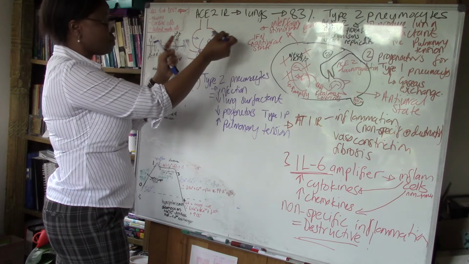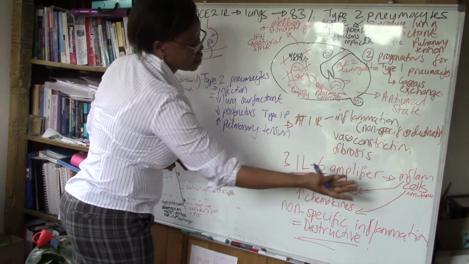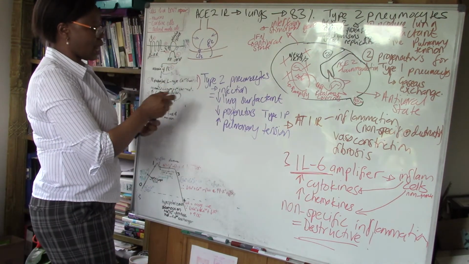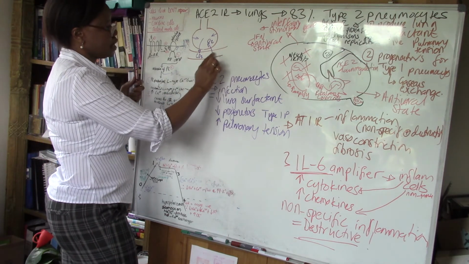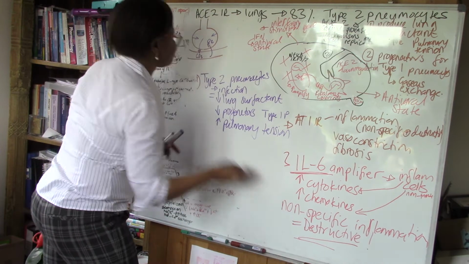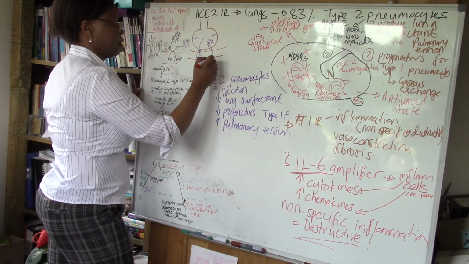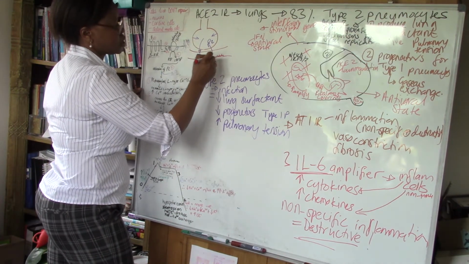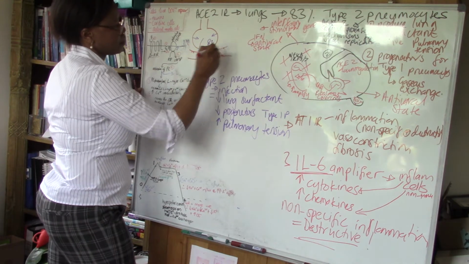And as it's collapsing on itself, there is this non-specific inflammation as well happening, which also then destroys this endothelium here, exposing the endothelium.